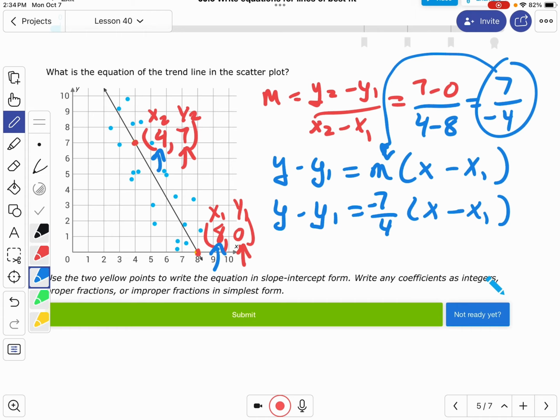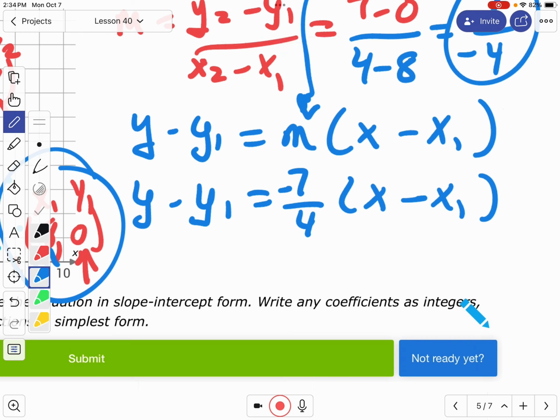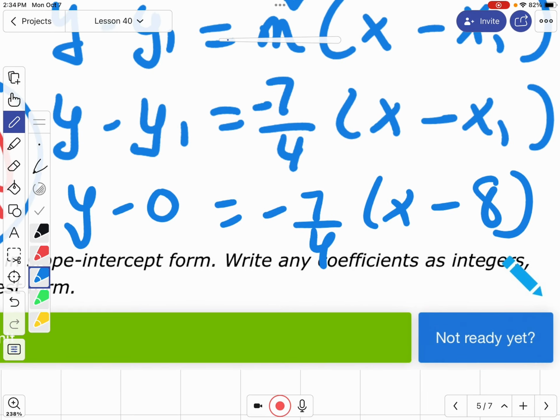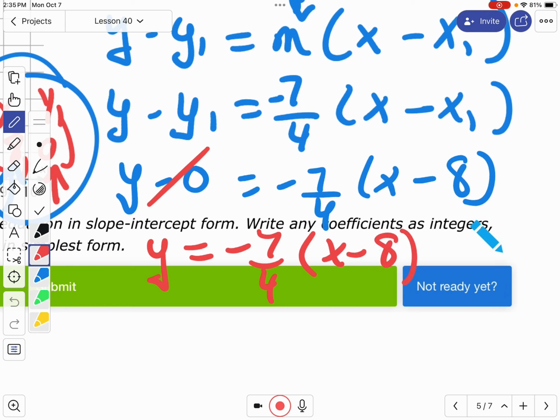Let's use this one, 8 and 0. So let's put that in. That would be y minus 0 equals negative 7/4 of x minus 8. Now, I don't have to write the minus 0, so it becomes y equals negative 7/4 of x minus 8.